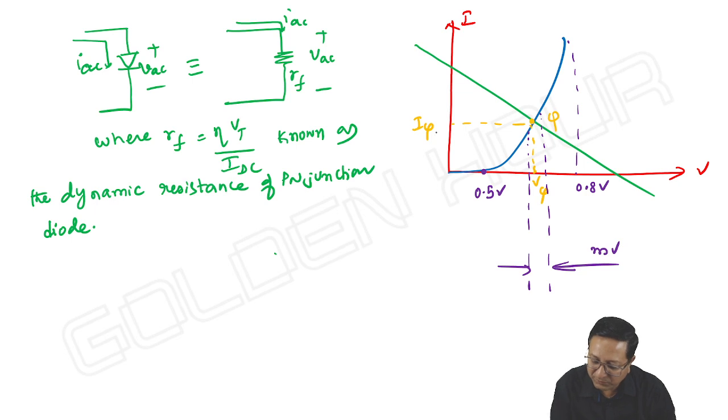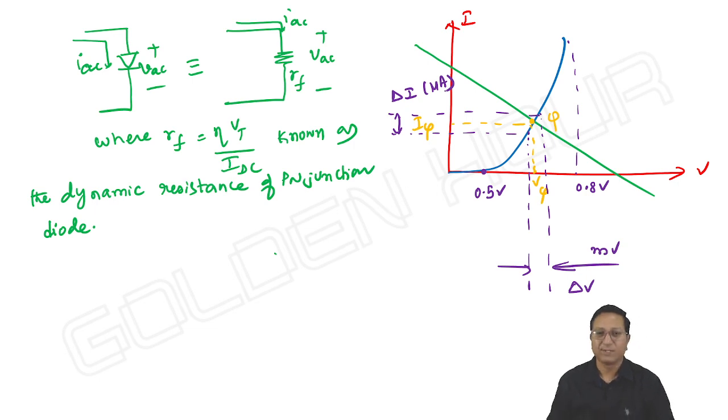With respect to that small elemental portion, I can take the current as well. I can say this as delta I and this one as delta V. It may be in the order of microamperes. To be frank, I is in the range of milliampere.